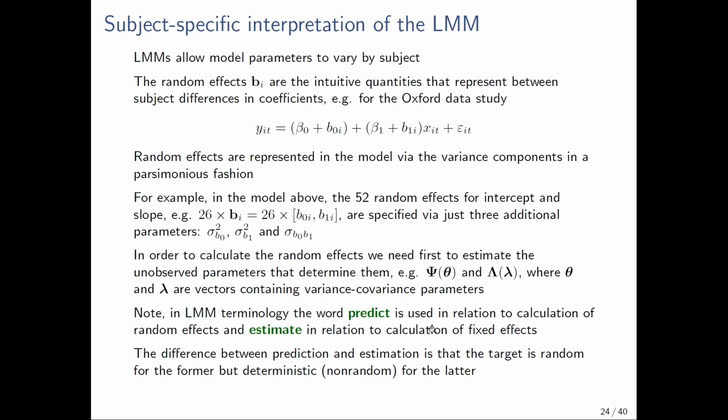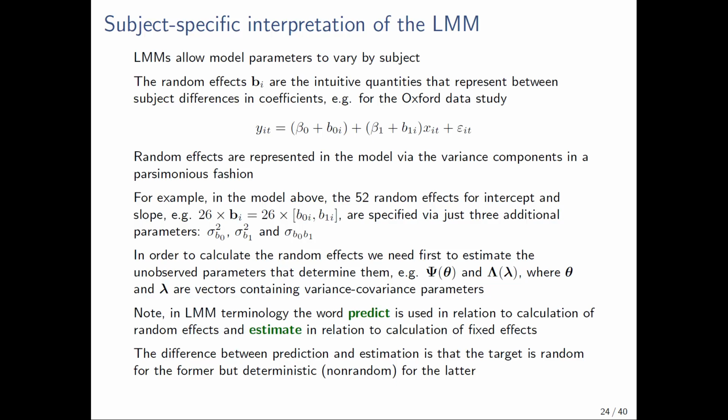Now we'll turn to the subject-specific interpretation of the linear mixed model. That interpretation allows the model parameters to vary by subject, and the random effects are the intuitive quantities representing between-subject differences in coefficients. As in the Oxford model we showed earlier, each boy is able to have their own intercept and their own deviation from the average slope.